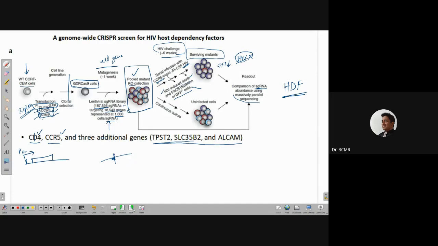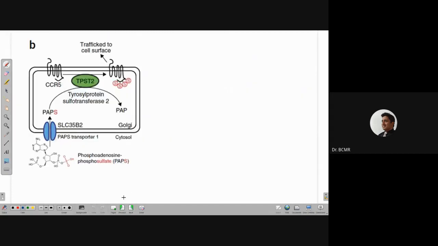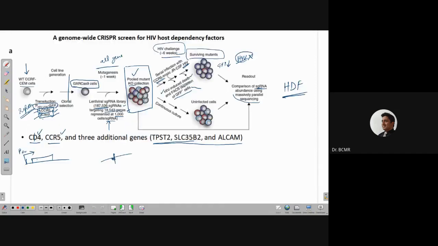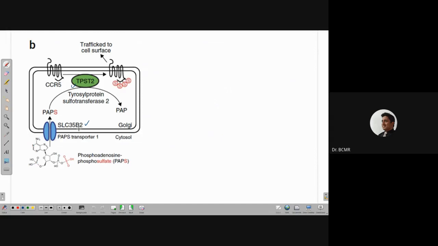So these 2 genes are involved, TPST2 enzyme and also SLC35B2. CCR5 has sulfation. I mean, several residues of it are actually sulfated in the Golgi complex.